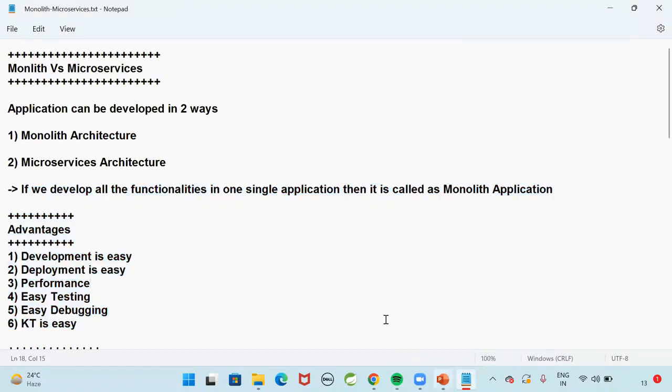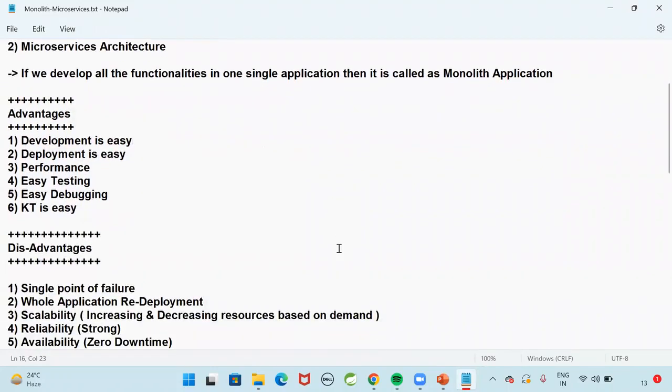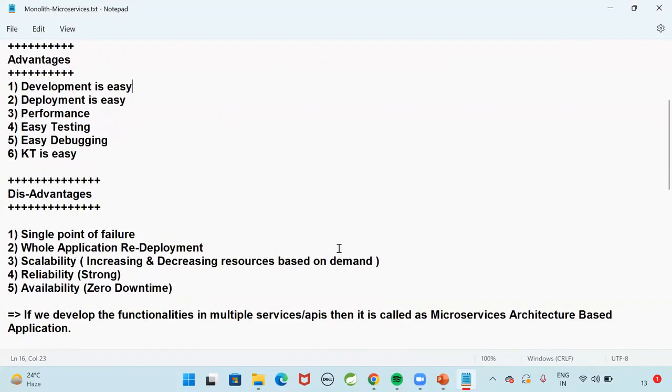Okay, guys. Next one. Advantages are there. What are the disadvantages? Single point of failure. What is the meaning of single point of failure?